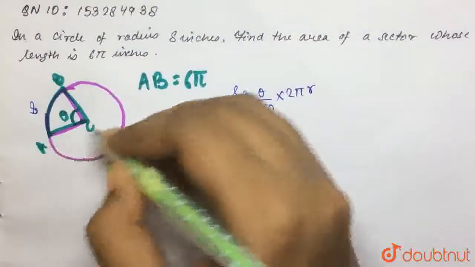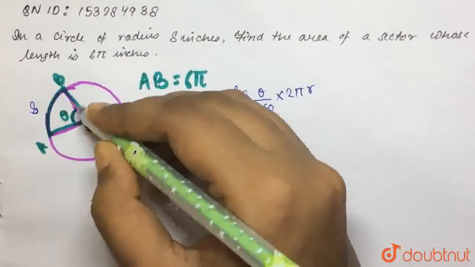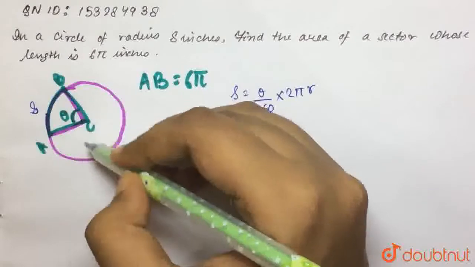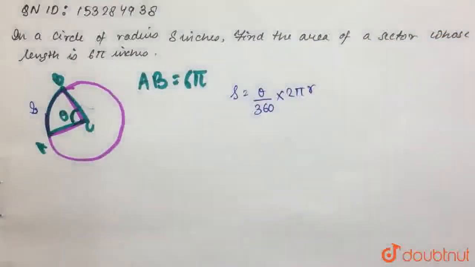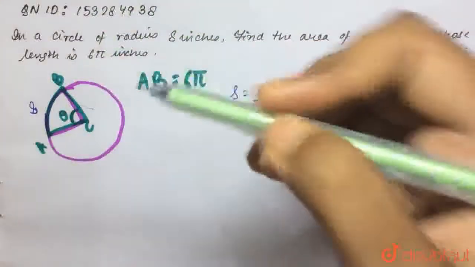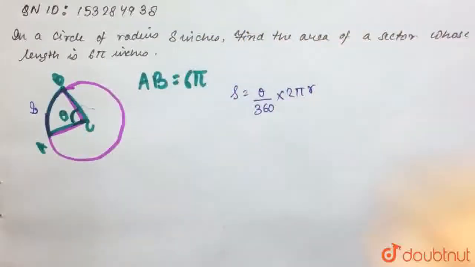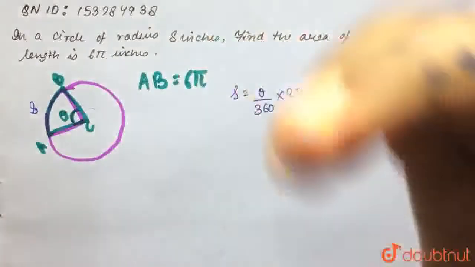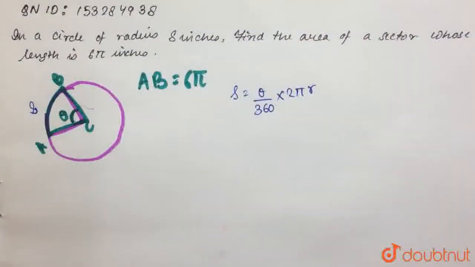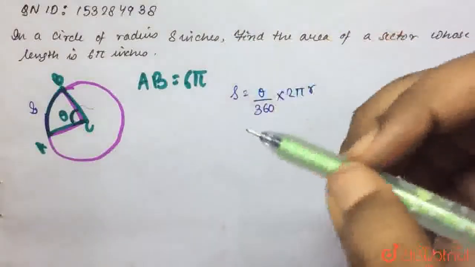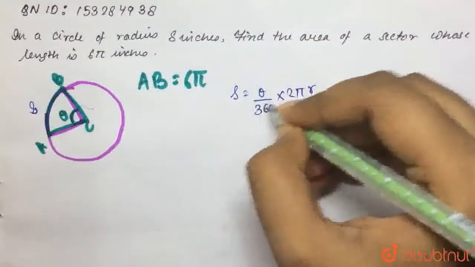Say this AC and BC make the angle theta and the total angle around the center of the circle is 360 degrees. So what part of the circle forms the sector? That is the theta angle part of the 360 degrees in the circle that makes a sector, so the fraction will be represented by theta by 360.